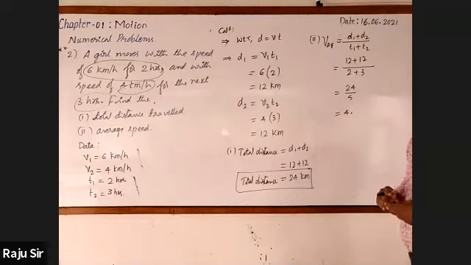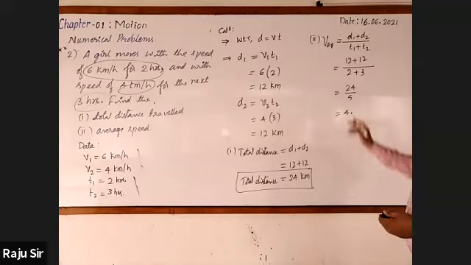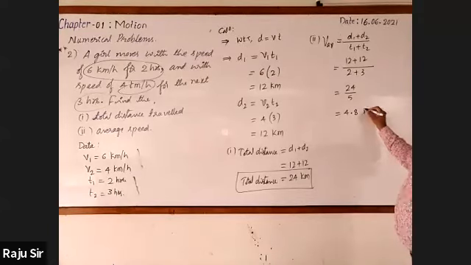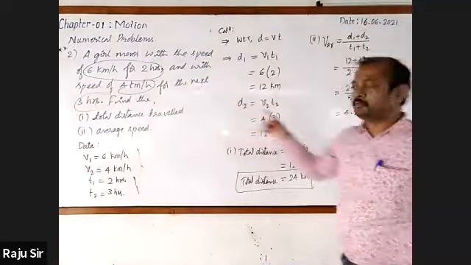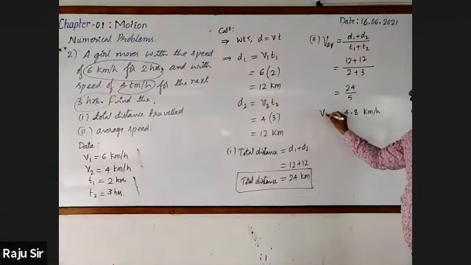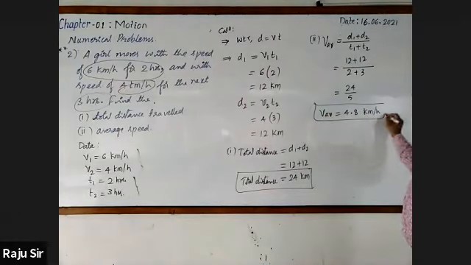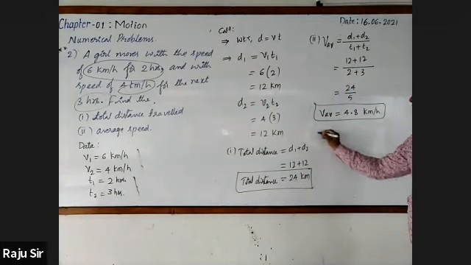Put decimal, take 0. It is 40. 5 8s are 40. So 4.8 km/h, because they are given speed in km/h. V average is equal to 4.8 km/h.